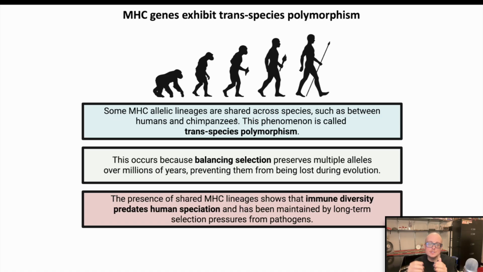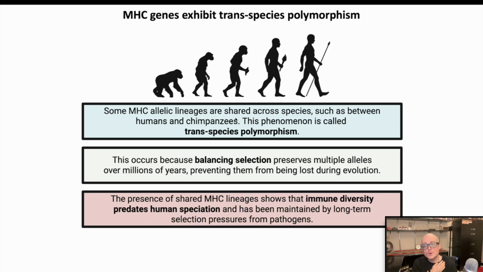So over time, alleles tend to become more rare and then become more common as they become more useful against pathogens, and then pathogens evolve in response. They evolve against those common MHC alleles, and then they become more rare. But that is an undulation, an ebb and flow that persists over long periods of evolutionary time, and that's why we see alleles that transcend speciation and go way back deep into evolutionary time.